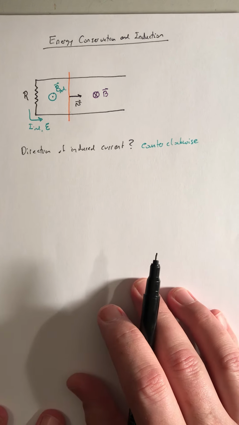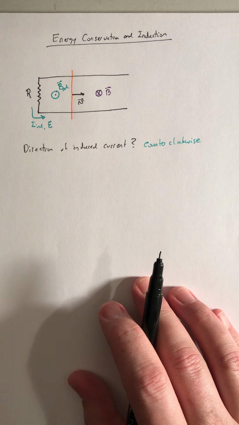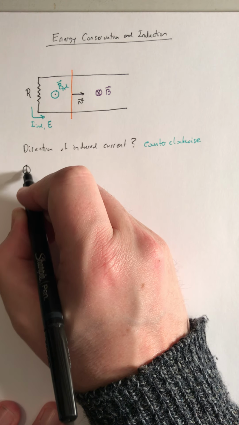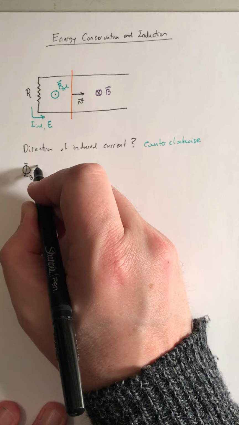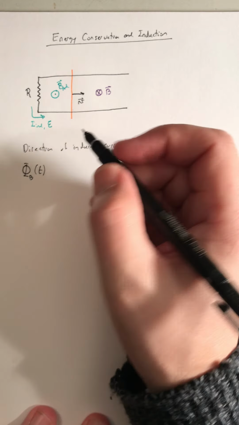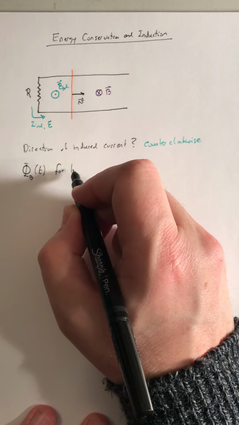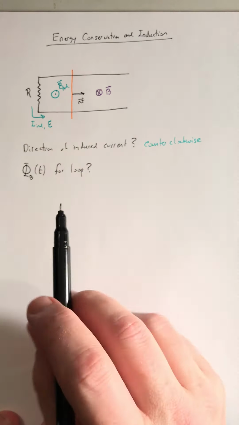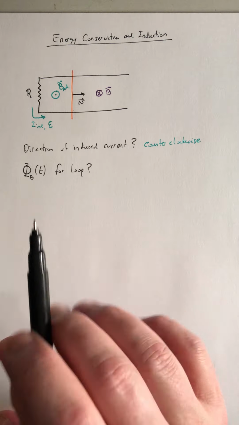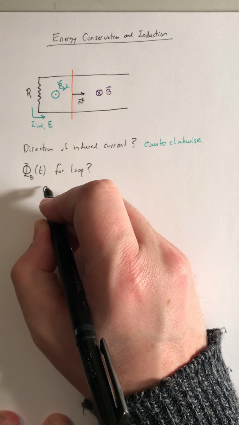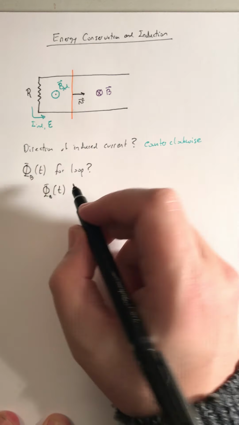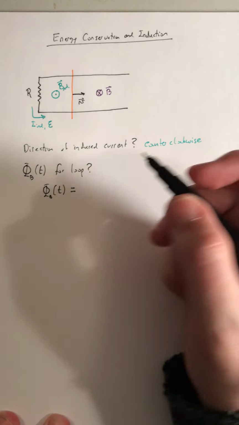All right, so now let's start to construct some expressions. The first thing we want to get is the magnetic flux as a function of time for our loop, the flux of the magnetic field through the loop.